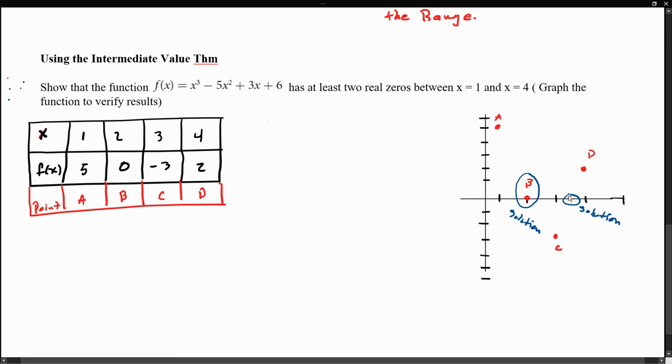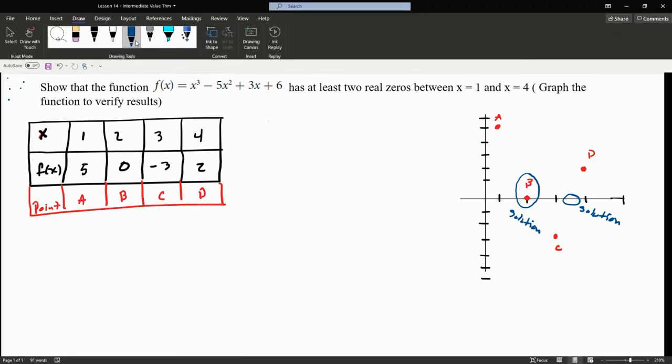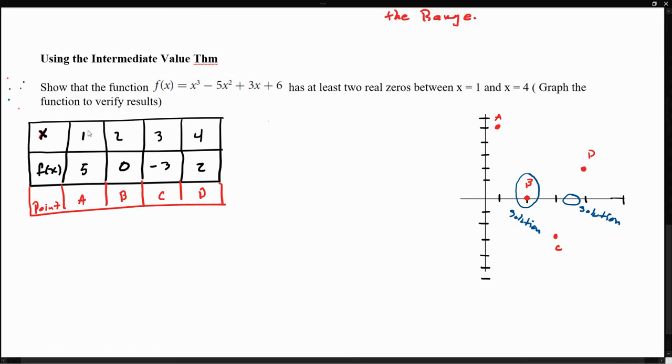And again, we're not interested in what that x value or that solution is, but just in how many solutions we can get from here. And another way to visualize this, since we know that this is a continuous function, I can just connect all those dots. And I can see that my function will pass through my solution somewhere in here.